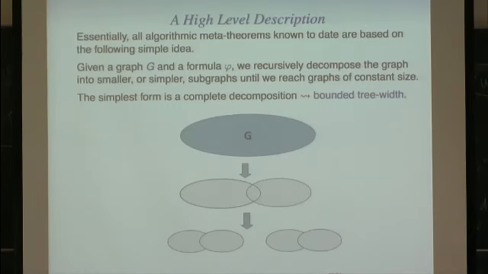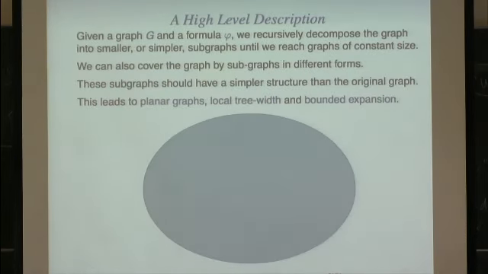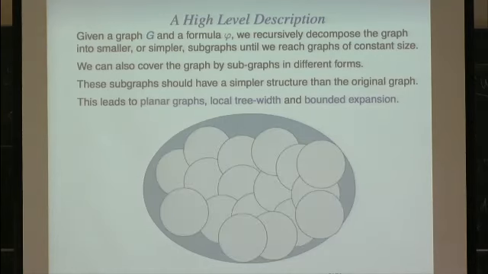Not every graph can be decomposed as nicely as these. Sometimes it may be more complicated, but the idea is still the same. Another way of decomposing it is to cover it by smaller subgraphs. Each of these gray disks here is supposed to be a subgraph, and in principle they should cover the whole graph. I just didn't know how to draw it. So we take smaller subgraphs, and the hope is they will not only be smaller, they will also have a much simpler structure.